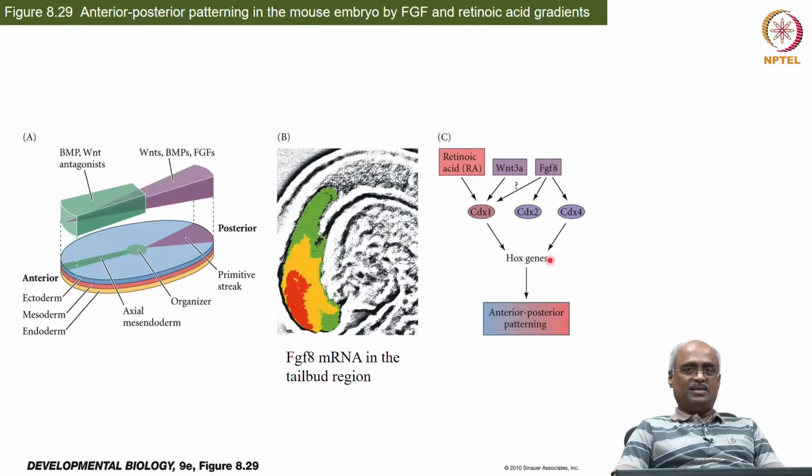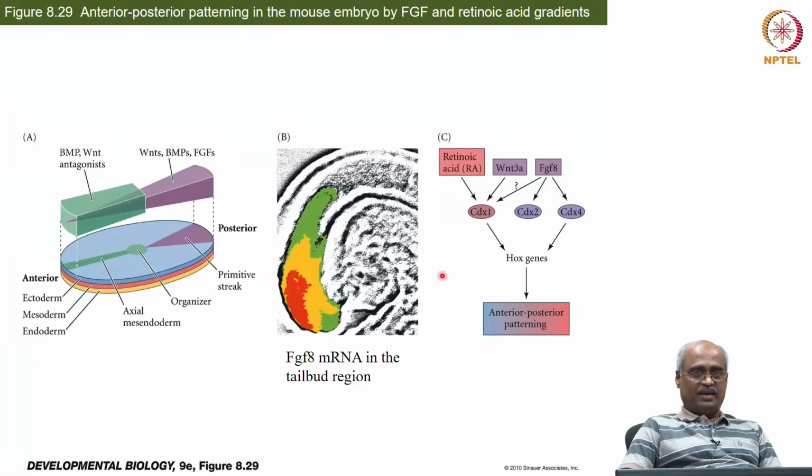Okay, so the initial thing is you have two signaling centers, one near the head region, where the future head is going to form, that is the AVE, and the other one is the node. And the AVE produces signals that restrict the posterior signals to the posterior and enable the head formation by the activity of chordin and noggin at a later stage.